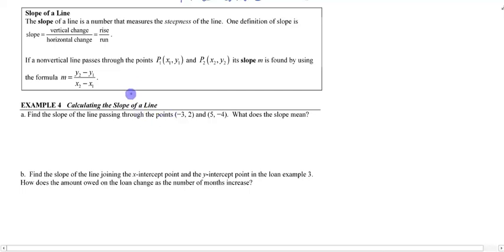Now I have students all the time who confuse the formula and get it upside down. So I have a little memory device for you. It's kind of silly, but it'll help you to remember. If you look, the bottom of that equation looks like a picnic table, doesn't it?